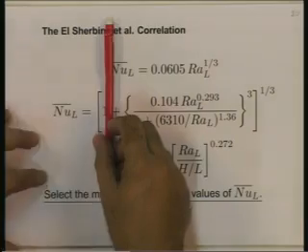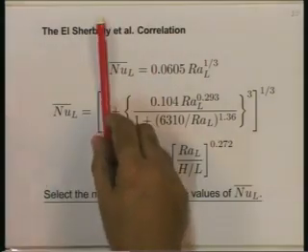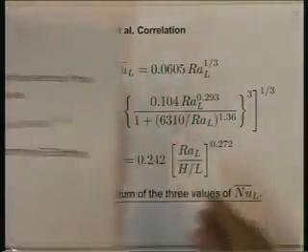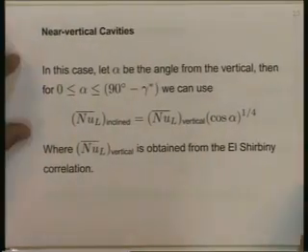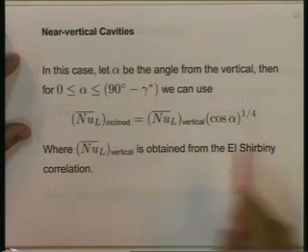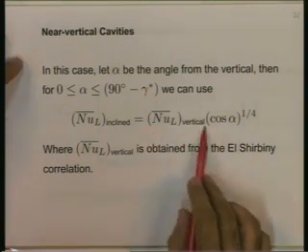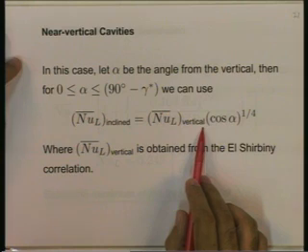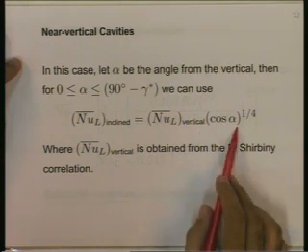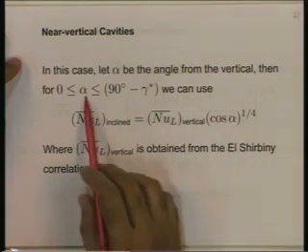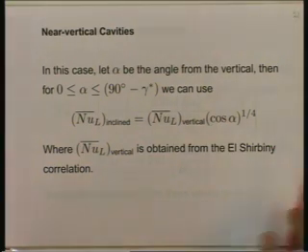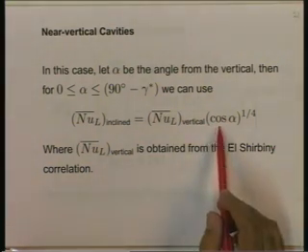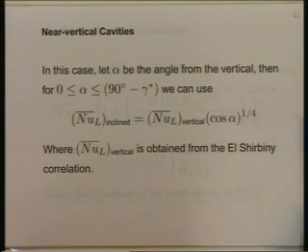So, for angles between 70 degrees and the vertical, it turns out that we can use the Nusselt number determined for the vertical correlation and multiply it by the fourth root of cos alpha, where alpha is the inclination with respect to the vertical. So, alpha will actually be 90 degrees minus gamma.